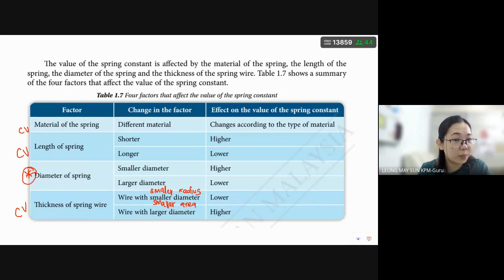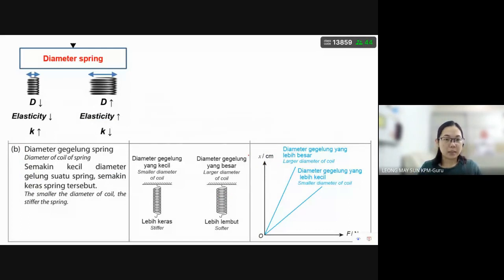When we manipulate the diameter of the spring, the rest is constant, and then the spring constant will become the responding variable. So always remember, when we want to talk about something, the rest must be constant. We can only manipulate and change one thing at a time. We cannot change too many things at the same time, or else we will never identify the cause and the effect.